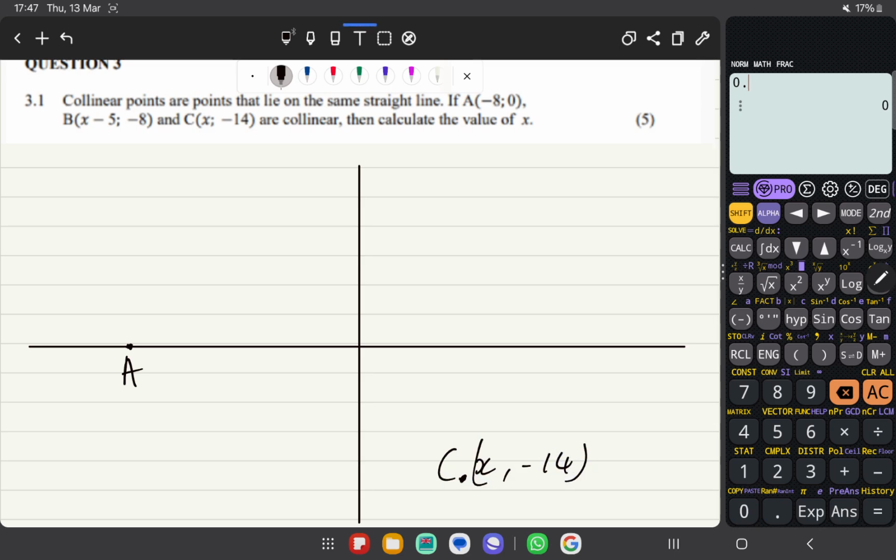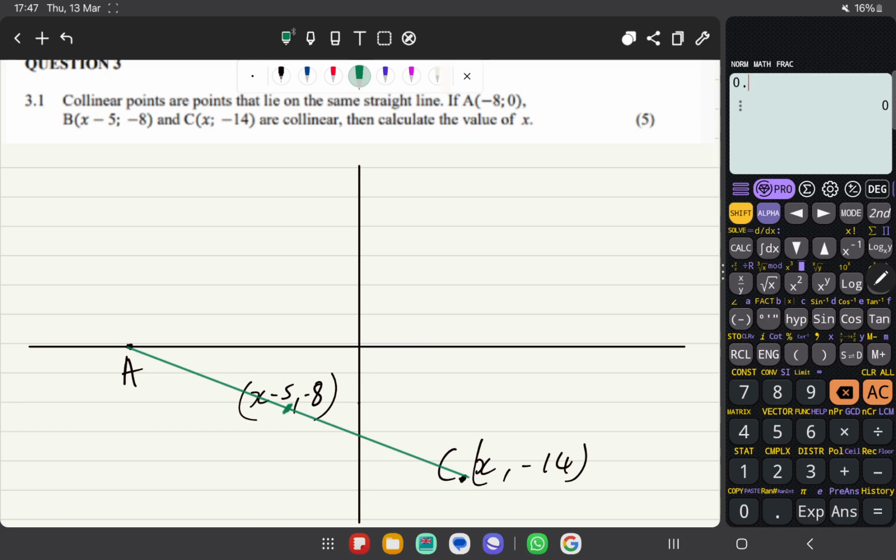And they say -8, then we have x - 5, and we have -8. So say this is -8, this is -14, and our straight line will be something like this, and this is the point.